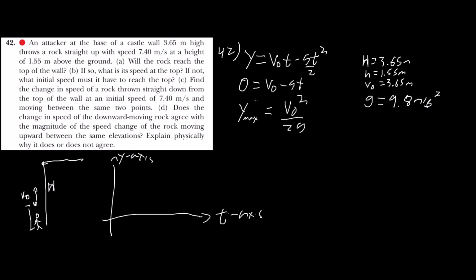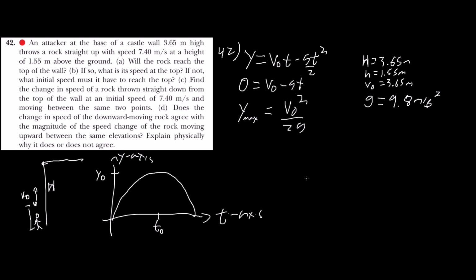So notice that all we did is find the specific time, t naught, where the final velocity is 0, and then we find the height for that time, y naught, being this equation.